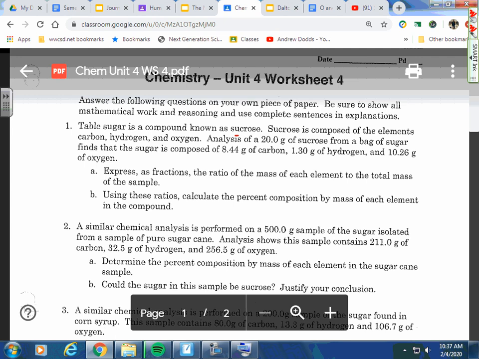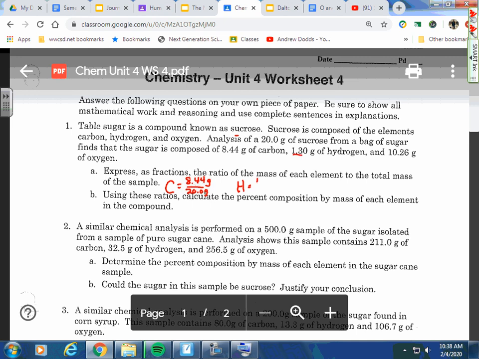So if I write a fraction for each of these, I'll start with carbon. It says out of that 20 grams, 8.44 grams is carbon. So I'm going to write 8.44 grams over 20.0 grams, and that's carbon. That's its fraction. Is there a question? For hydrogen, it says it's 1.30 grams.